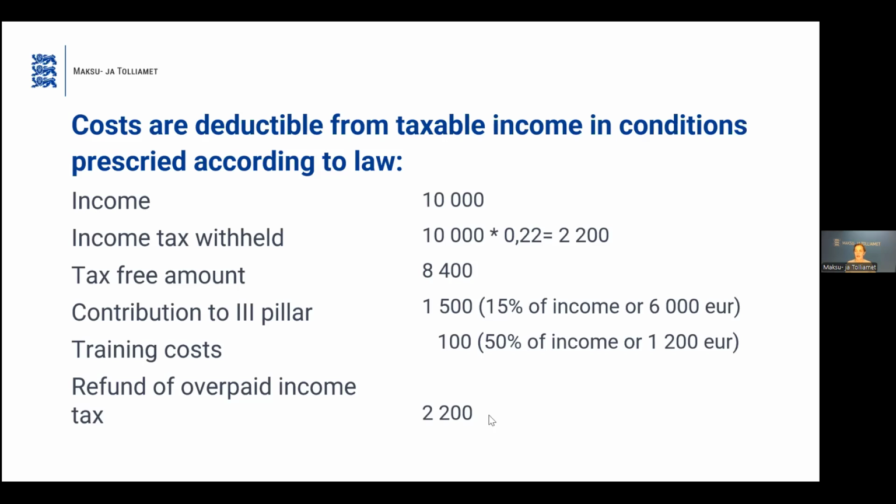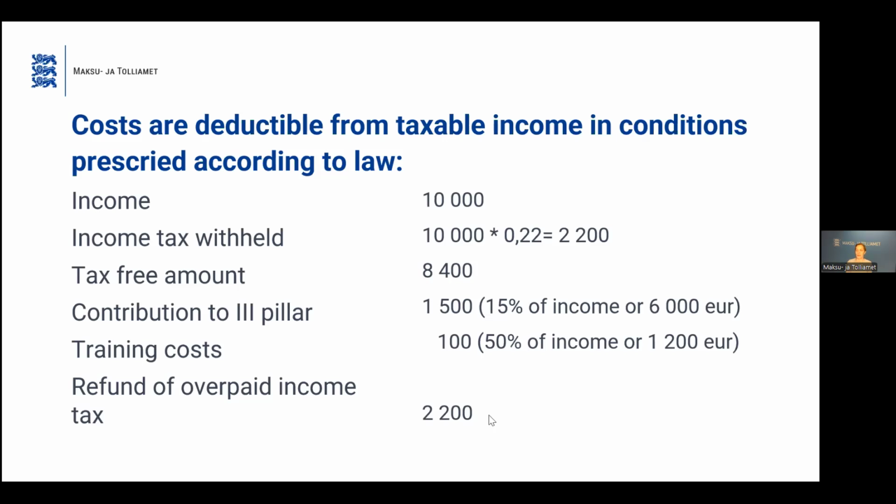But later, annually, if you submit tax return, then you do not have to do any application anymore. Just this tax-free amount is taken into account according to the rules applicable according to the Estonian Income Tax Act.